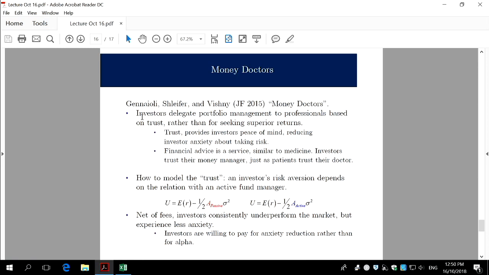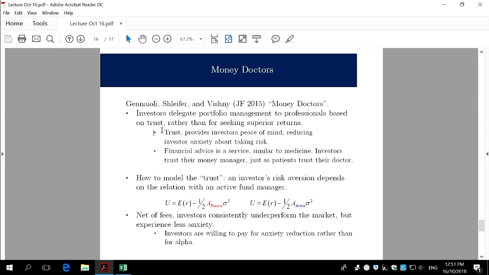And basically the main point of this paper is, investors delegate portfolio management to professionals based on trust rather than seeking superior return. That's the main point. This word trust. But trust is a very ambiguous word, right? What does trust mean? Well, this paper really mathematically defines what trust means.